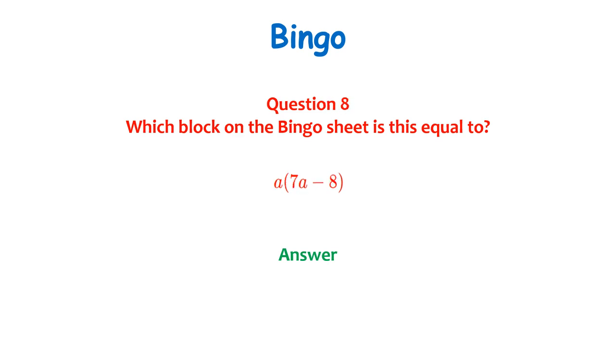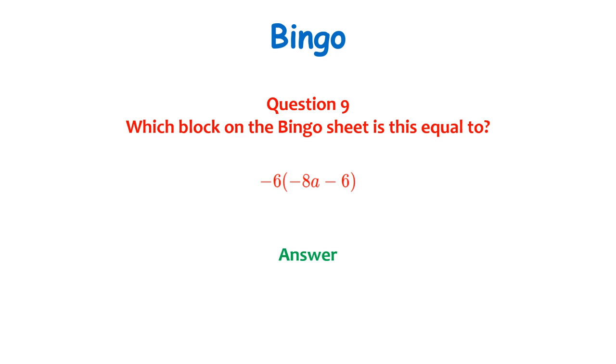Don't know, that was too fast. And then that should be 7a squared. Remember, that is 7a times a, that's 7a squared, and then a times minus 8, that's minus 8a. At least now I can click a little bit better. Fast there. Which block on the bingo is equal to that?